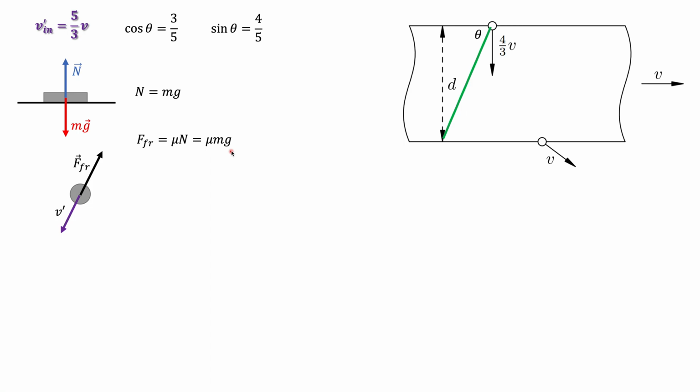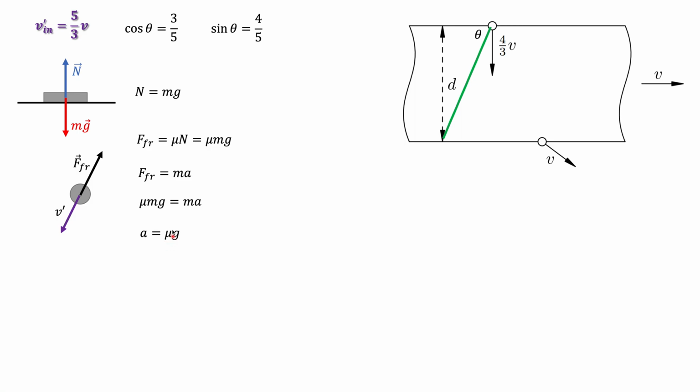On the other hand, we can use Newton's second law in this coordinate system, and we know that friction force should be equal to mass times acceleration. We substitute mu mg instead of friction force, we get this equation, and from here we find the expression for acceleration. This is the magnitude of our acceleration, and the direction of this acceleration will be the same as the direction of the friction force. So now the question is, how do we find this mu?